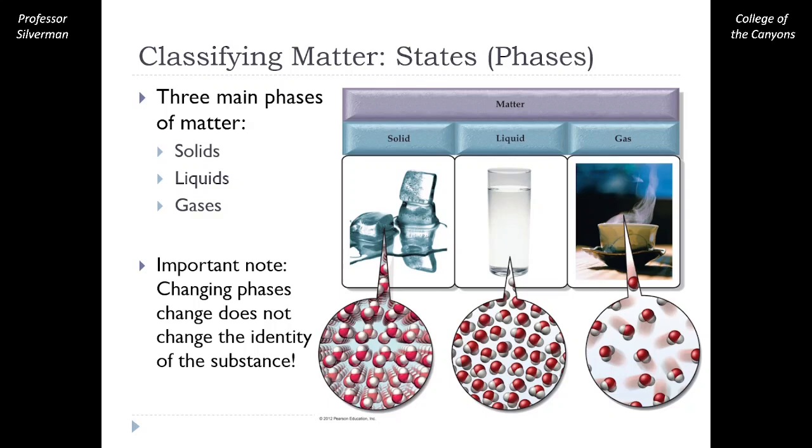We said our goal is to classify matter into different categories, maybe group them into different buckets based on some similarities. The first way that we're going to do this is by grouping matter based on their phases. There are 3 common phases and a few uncommon phases, but we'll focus on the 3 common ones here, which are solids, liquids, and gases.